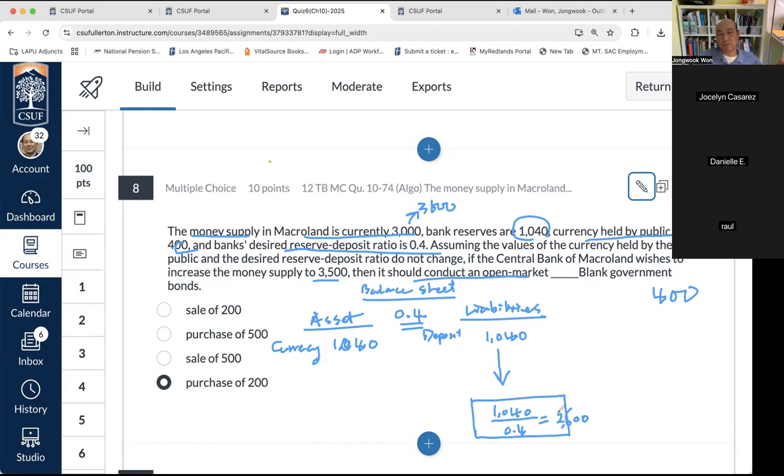2,600, right? So money from the banking system deposit becomes 2,600, and people's pocket money is 400.